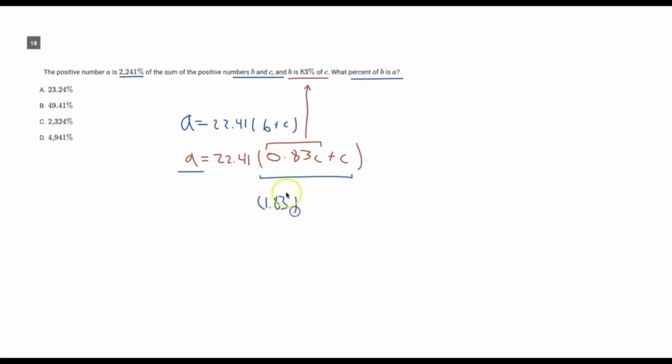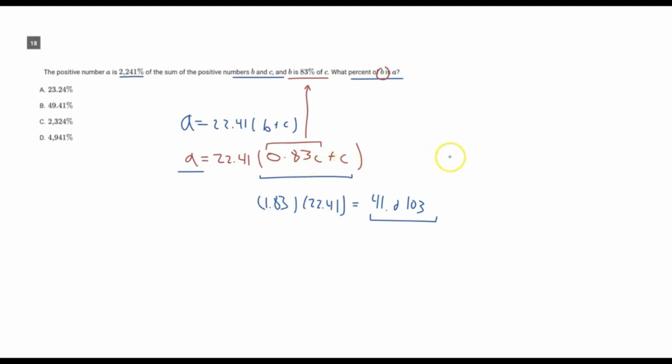And then we're going to multiply this by 22.41. And that will give us a value of about 41.0103. So we have our A value, but what we need to do is compare it to the value of B. Well, the value of B here we said was 0.83C, and we said C was going to be 1.